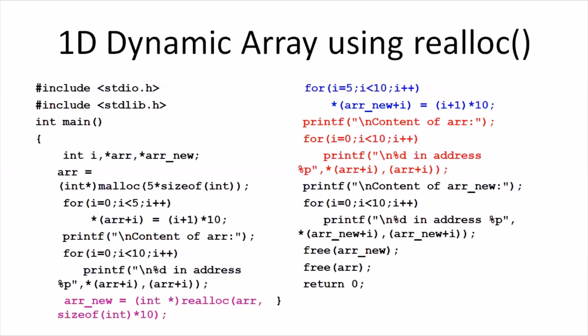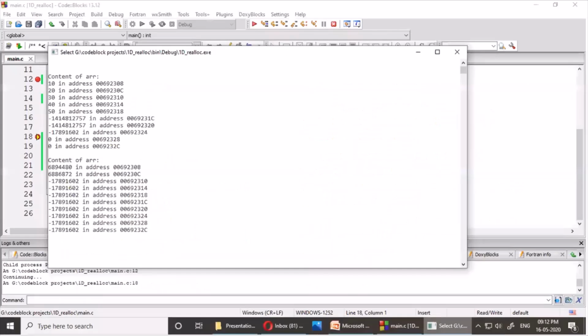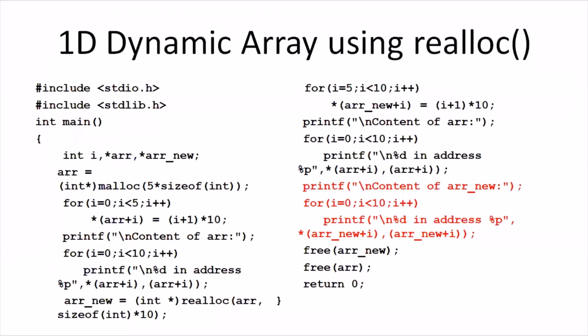Now when we display the content of ARR once again, we find that all cells of ARR are holding garbage. This indicates that the realloc function has actually deallocated the memory which was once assigned to ARR. Now when we display the content of the new array ARR new, there are a few things to note.